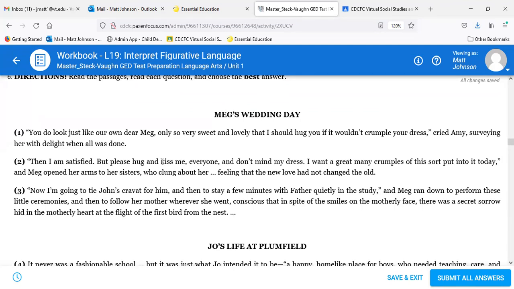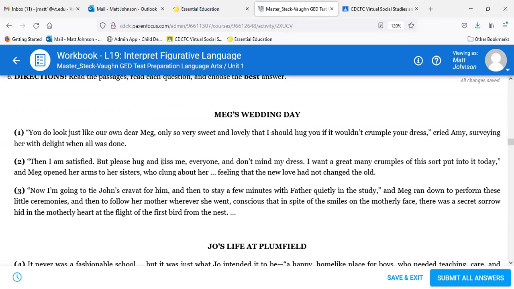Then I am satisfied, but please hug and kiss me, everyone, and don't mind my dress. I want a great many crumples of this sort put into it today. And Meg opened her arms to her sister, who clung about her, feeling that the new love had not changed the old.